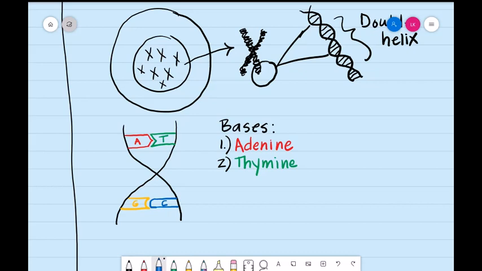Okay, so that's just the rungs of the ladder on the DNA. So guanine and cytosine.